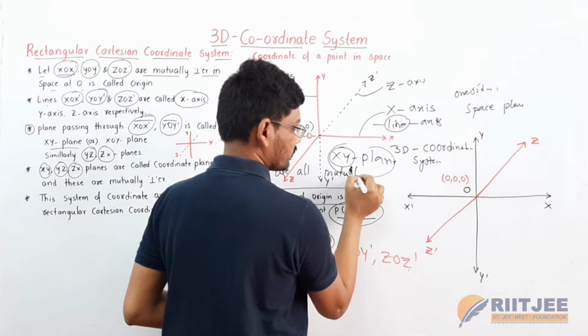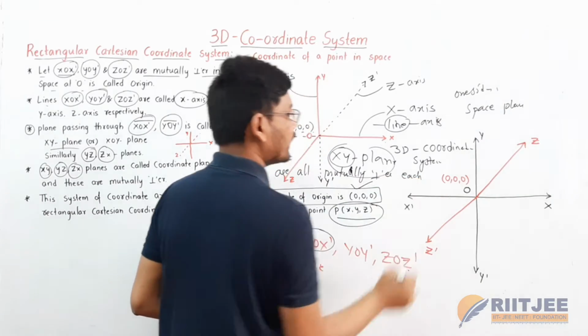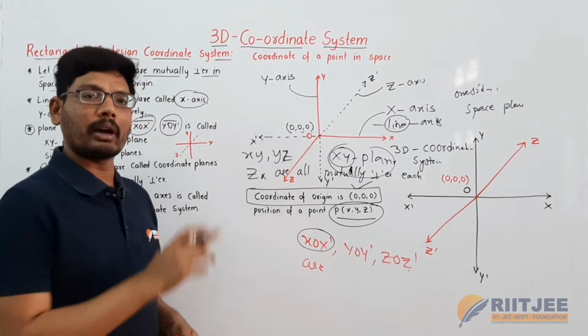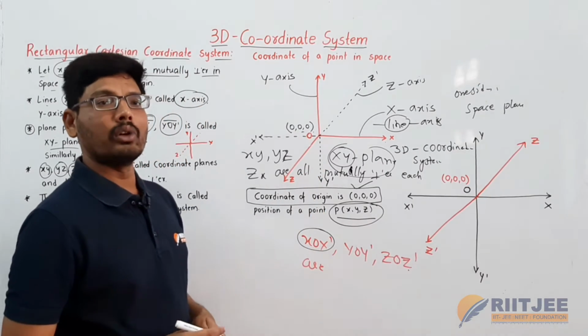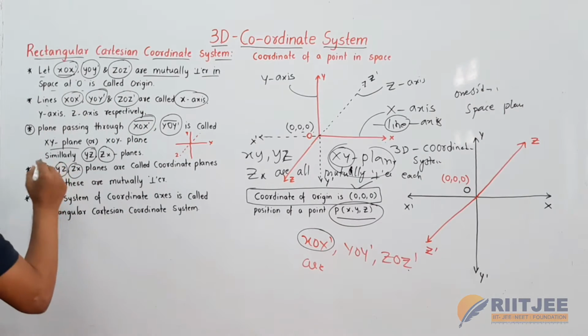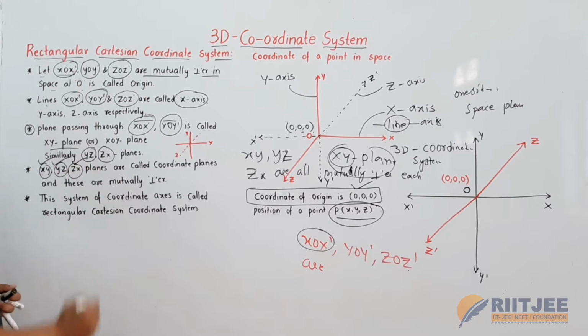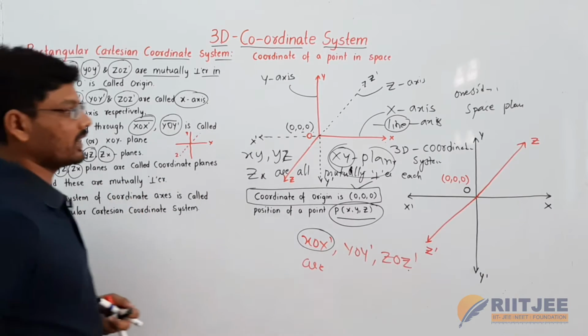Mutually perpendicular to each other, and here lines are also perpendicular to each other, and at the same time planes are also mutually perpendicular to each other. The xy, yz and zx planes are coordinate planes, mutually perpendicular to each other.